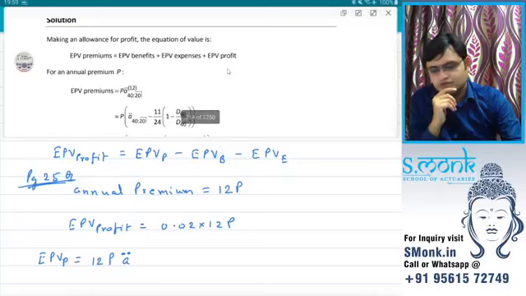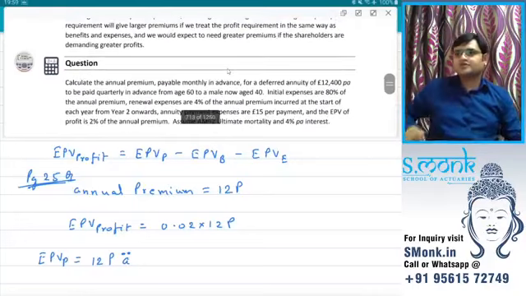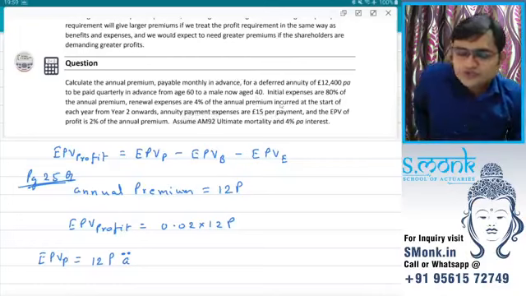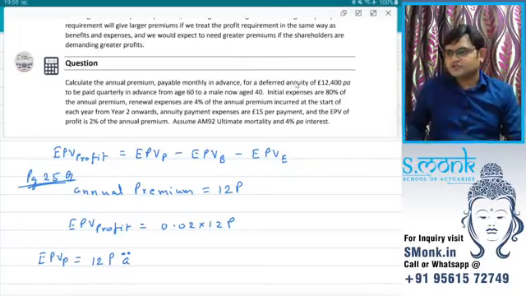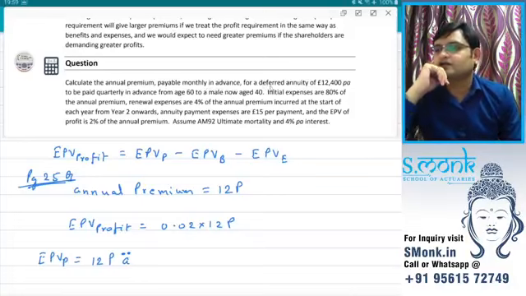They have taken only 20 years of premium payment. Usually this happens while they are making small questions, they make small mistakes. Here they should have said the annual premium payable monthly in advance for a deferred annuity payable quarterly in advance, whatever.